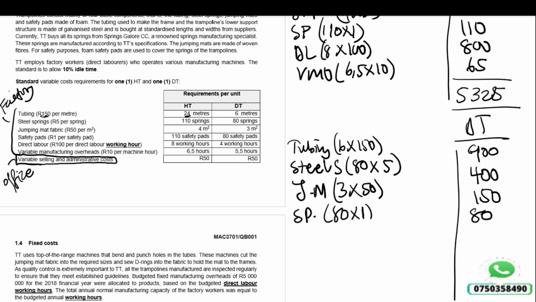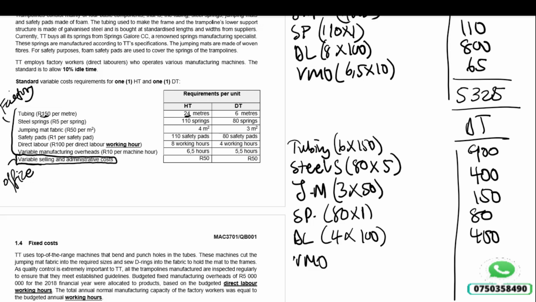Now in terms of direct labor, they said here 100 rand per direct labor hour, and yet DT requires 4 working hours now, not 8. It requires 4 working hours. So it's going to be 4 multiplied by 100. Then I have 400. And then variable manufacturing overheads.